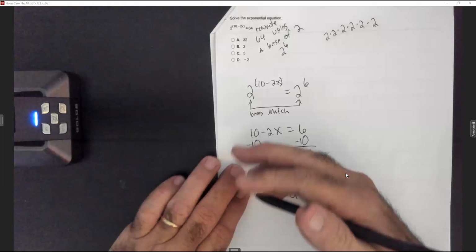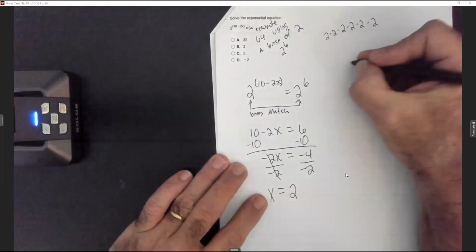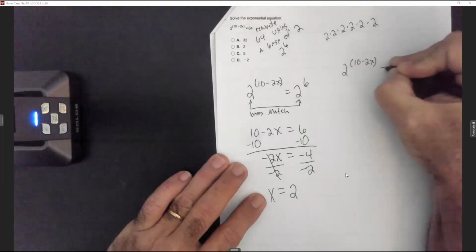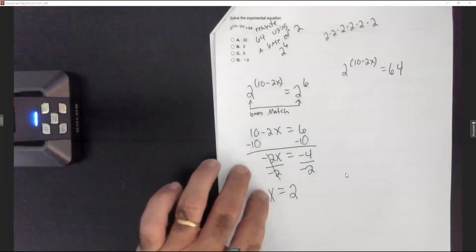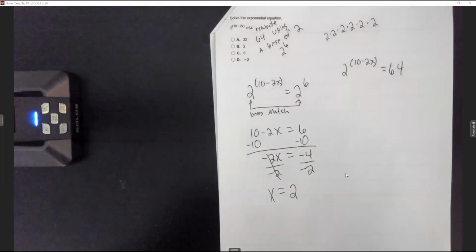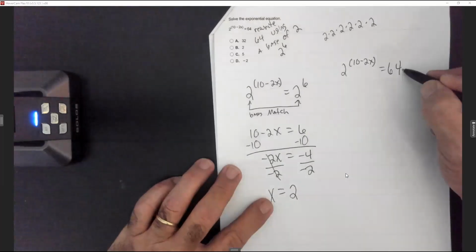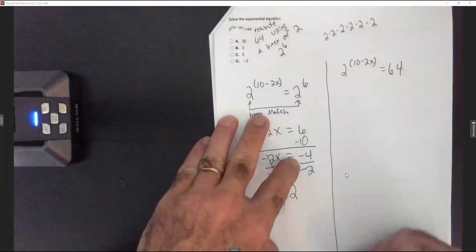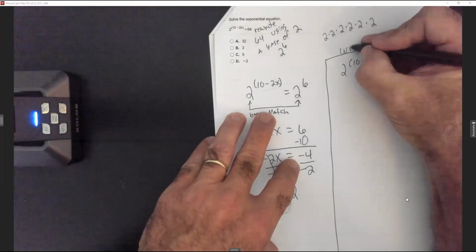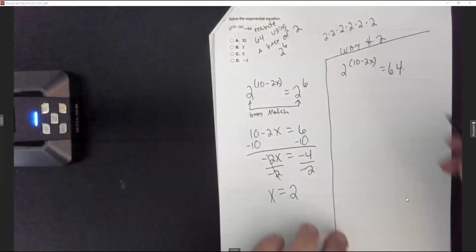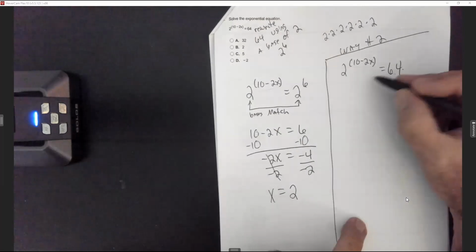So say you're doing this problem and you don't know how to rewrite 64 using a base 2. Or the only other option is to take LNs of both sides. So this would be way number 2 to do the problem, okay? So say you don't realize you can rewrite 64 using a 2.